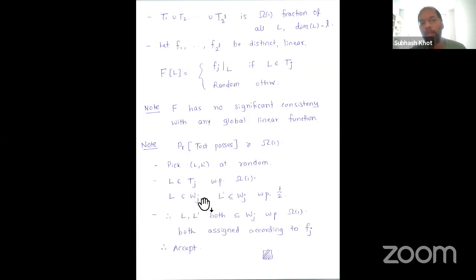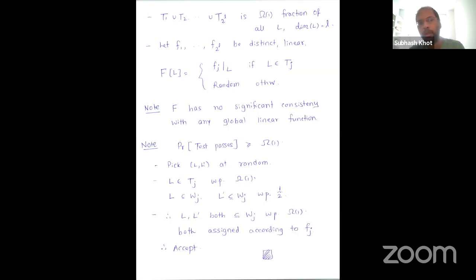Now if L is contained in W sub j, and I move from L to L prime, keeping the dimension of the intersection L minus 1, what's the probability that L prime will also be completely contained in W sub j?